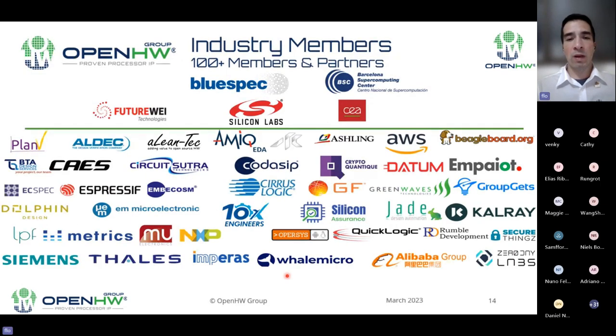I just want to go quickly about some of our members we are having here. You can see we have FutureWay, but we also have the Alibaba Group, for example. There is Thales from France, Imagination from UK, and a lot of others like the Barcelona Supercomputing Center, Calray, GroupGets, Cyrus Logic, and so on. In total, there are over 100 members and partners in the Open Hardware Group.